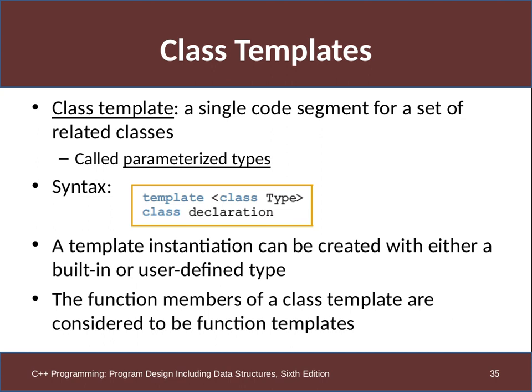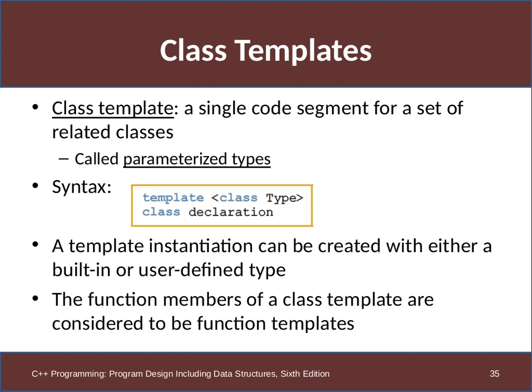What would be a great example to template a class on that you've seen from your labs? Array. Because then it doesn't have to be an integer array. It can just be a generic array.